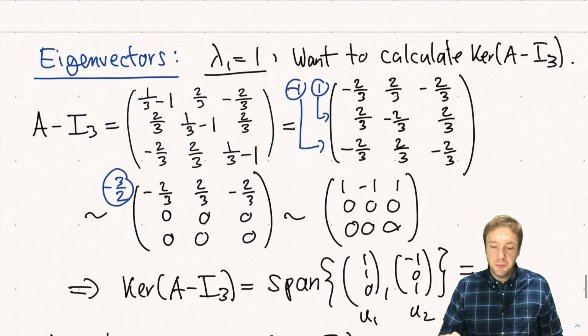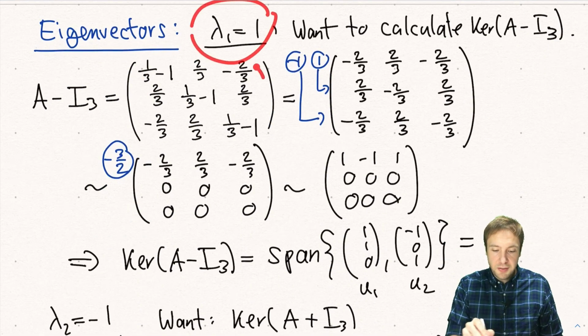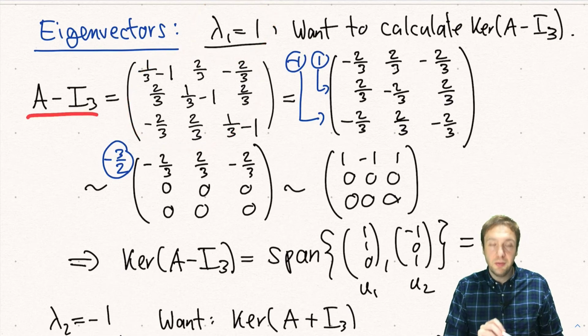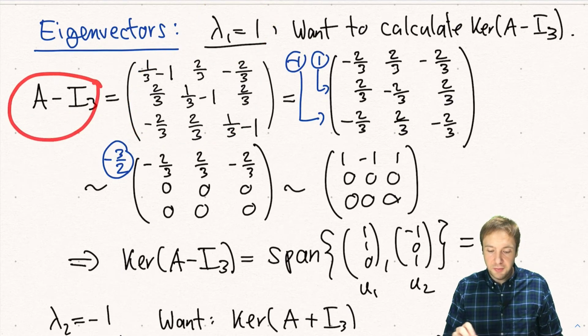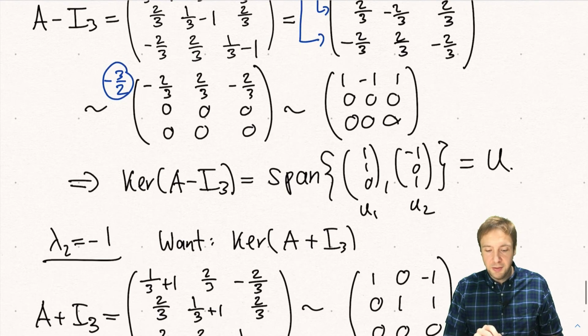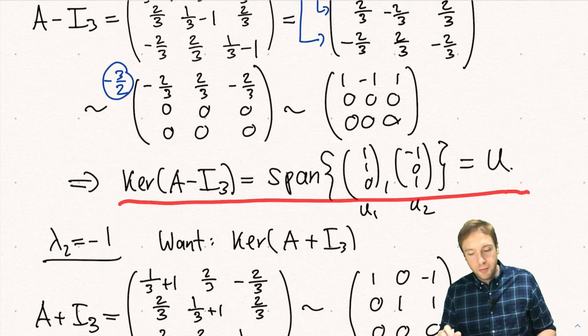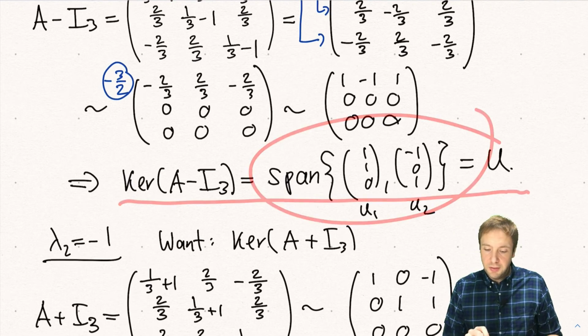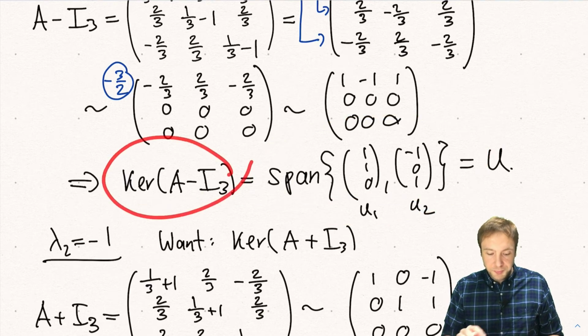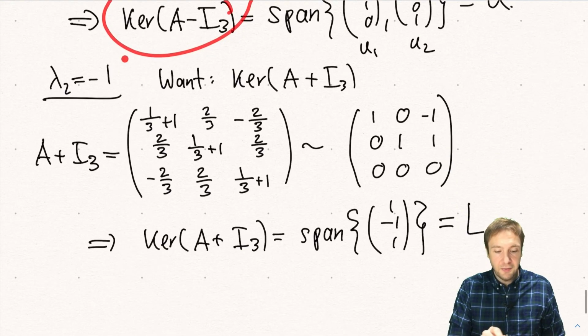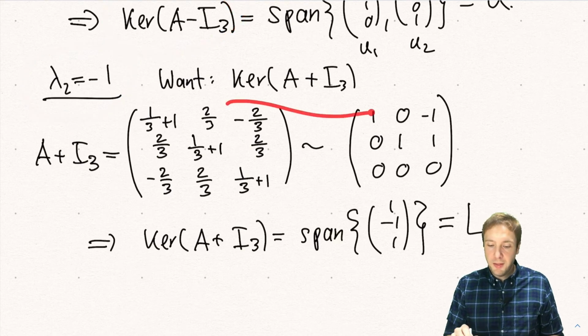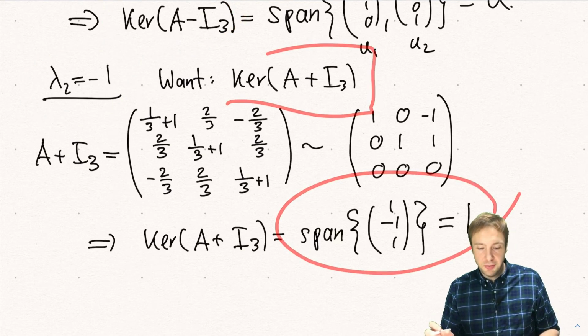And then for each solution we plugged this solution in and calculated explicitly what is the kernel of this matrix. In the case when the eigenvalue was 1, we got a two-dimensional kernel. And in the case when the eigenvalue was -1, we got a one-dimensional kernel.